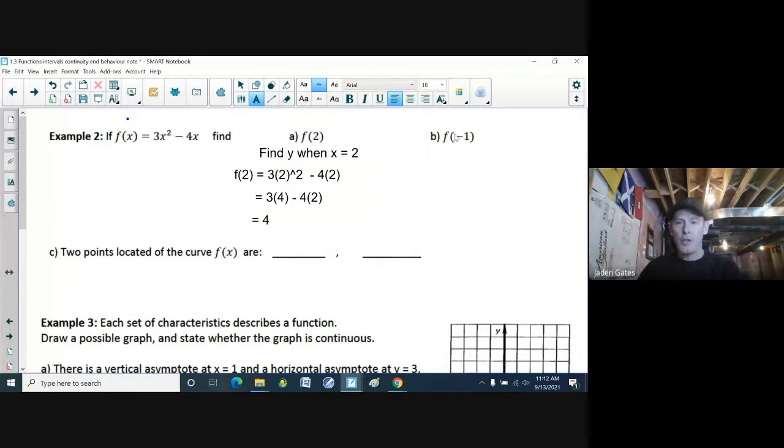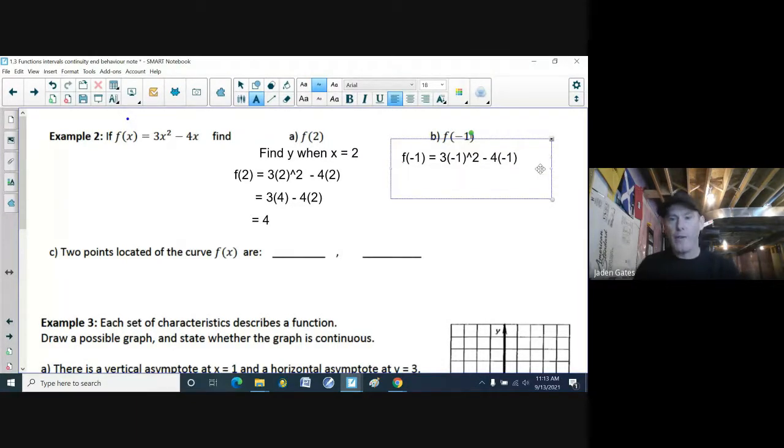All right, so I can do the same thing over in b. f of negative 1 just means find y when x equals negative 1 this time. So we're subbing in a negative 1 for x. I'm using the same function of 3x squared minus 4x. So I have 3 times negative 1 squared, minus 4 times negative 1.